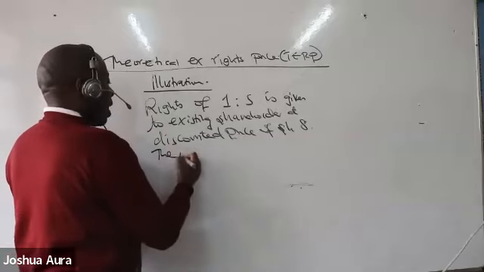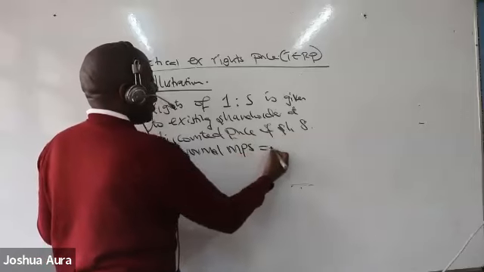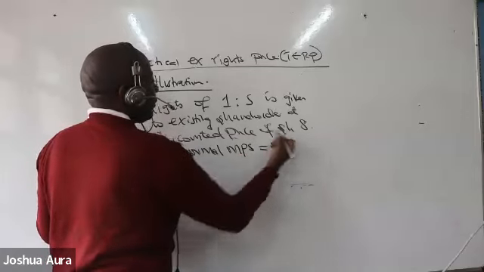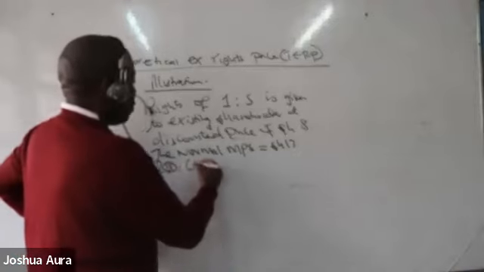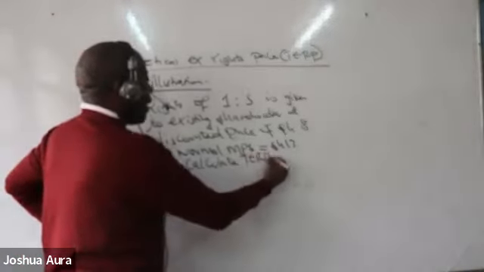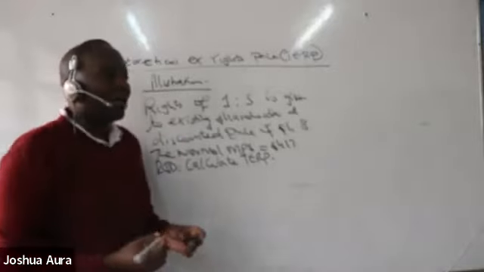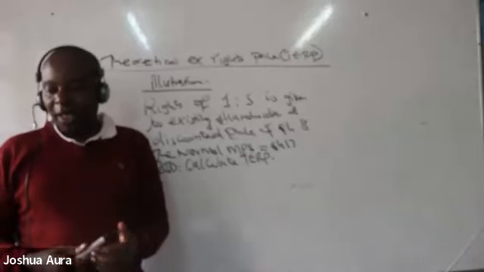The normal market price per share is shillings 12. So we are required to calculate the theoretical X rights price.